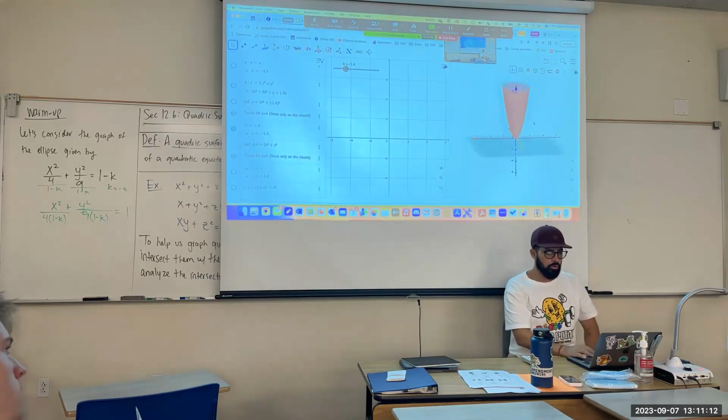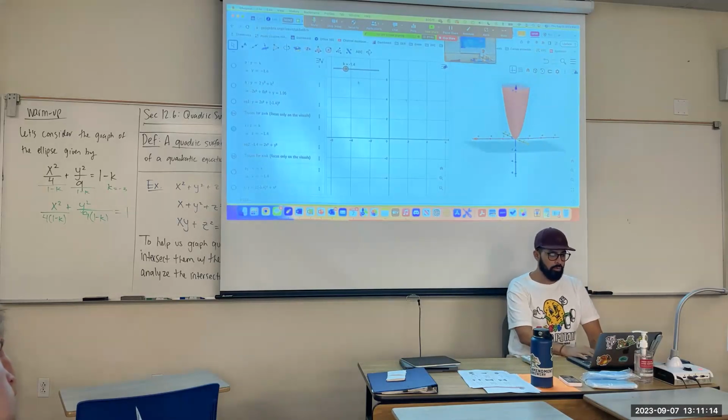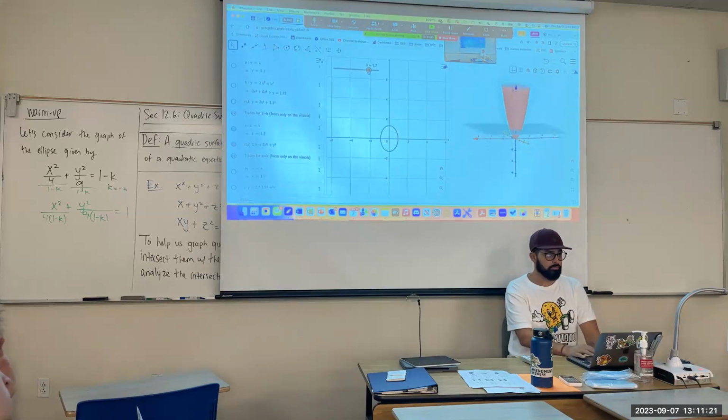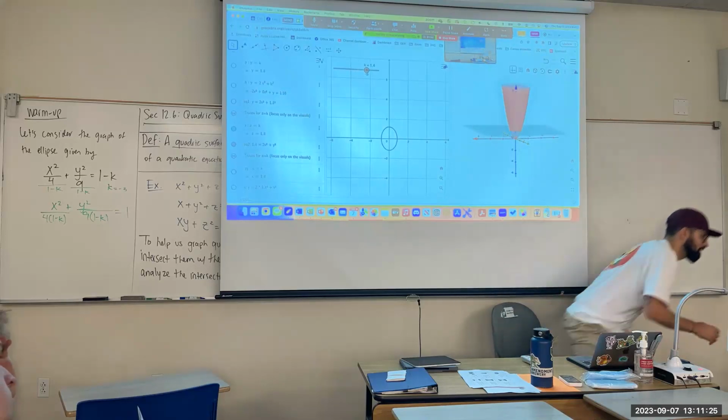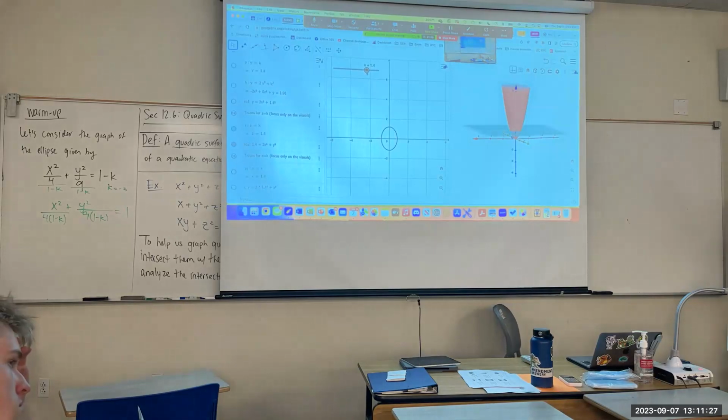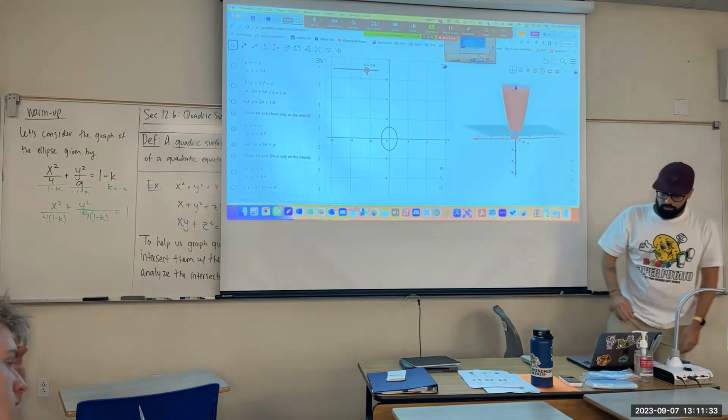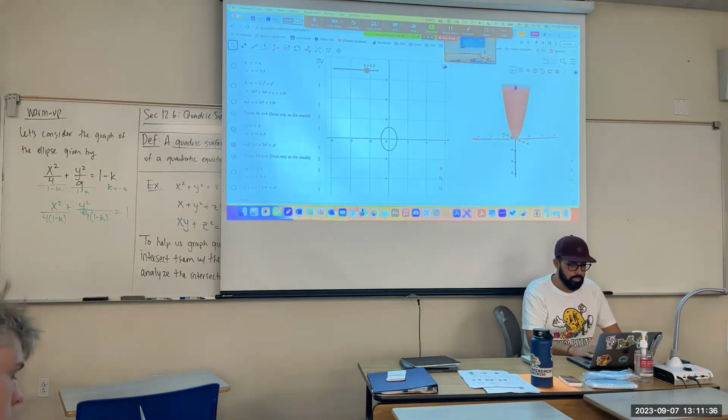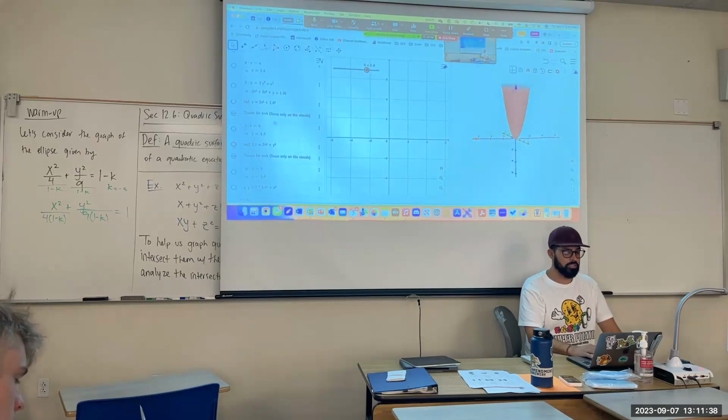You'll only have a graph when the planes of your traces intersect the surface. Here, let me show the class, in case you're wondering what I'm talking about, it's that little stack right there. Okay, so those are what's called the traces for z equaling k.